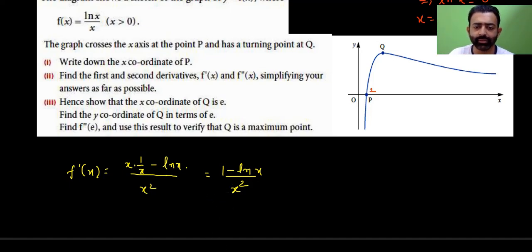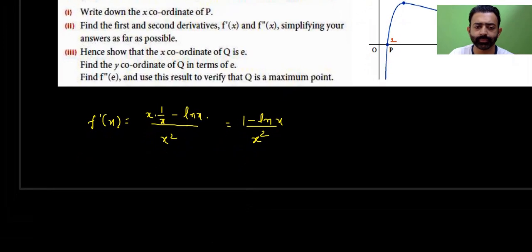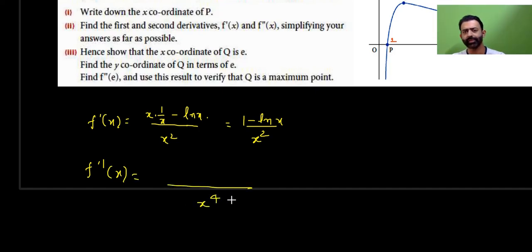Now the second derivative, again you have to find out. Again applying the quotient rule, it is x raised to power 4, since x square squared is x raised to power 4. Keeping x square in the numerator as it is, differentiating 1 minus ln x gives minus 1 upon x, because derivative of 1 is 0 and minus ln x is minus 1 upon x.